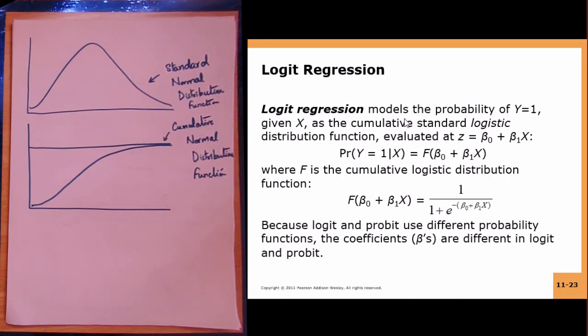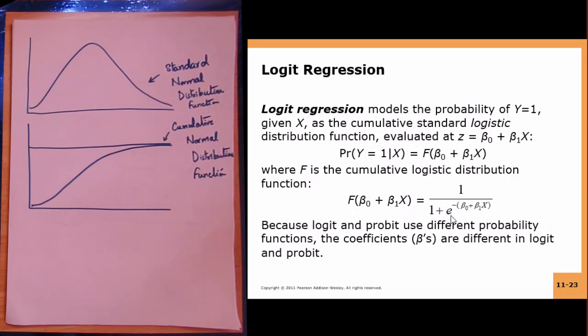So logit regression, what is the transformation we are talking of here? Logit regression models the probability of y being equal to 1 given x as the cumulative standard logistic distribution function. In probit regression, we had looked at the cumulative standard normal distribution function. Here we are talking of the cumulative standard logistic distribution function, written as capital F of beta 0 plus beta 1x. And how is capital F defined?